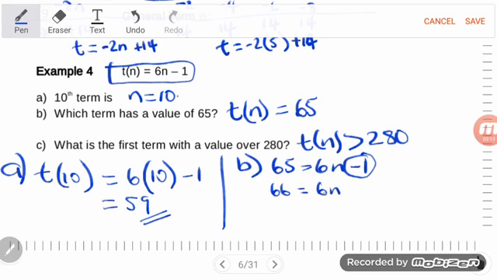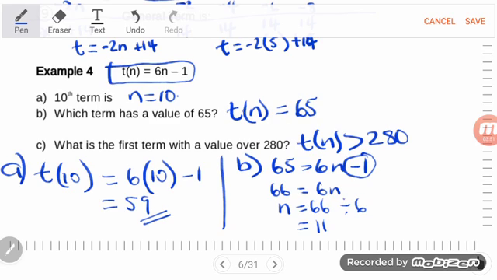Okay, now 66 is the same as 6 of my n's, but I only want 1. So if I divide them all by 6, so here it's 6 times n, I want to use the opposite sign. Opposite of multiply is divide. So I want to divide by 6. So I need to divide everything by 6. So n is equal to 66 divided by 6, which is 11.